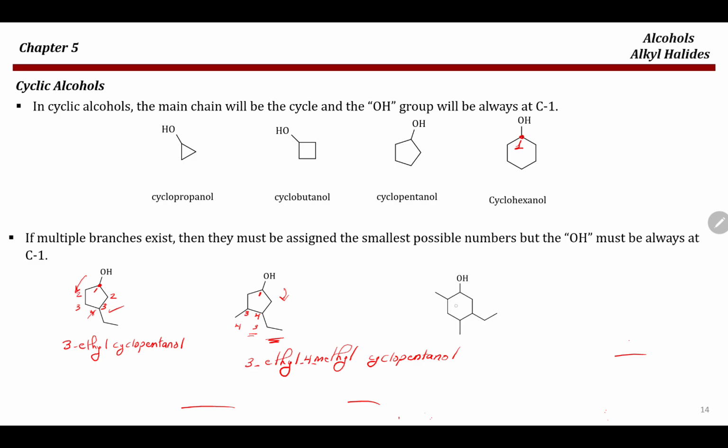What about this one here? This is 1. Now definitely the closest branch is this one, so that's why this should be number 2, and this is 4, and this is 5. If you try any other combination, you're going to get higher numbers.